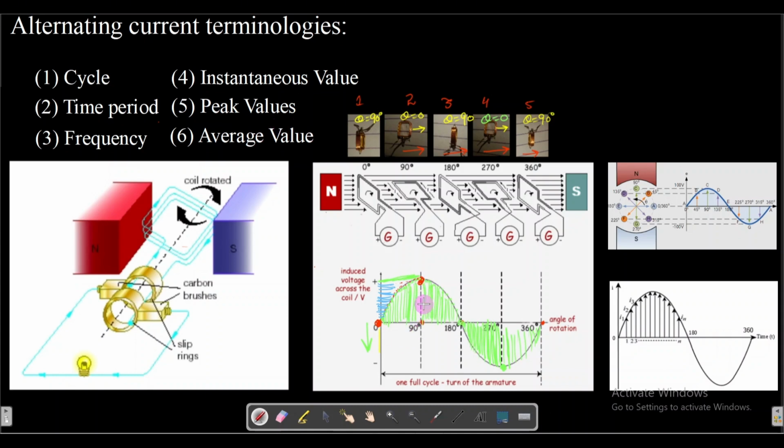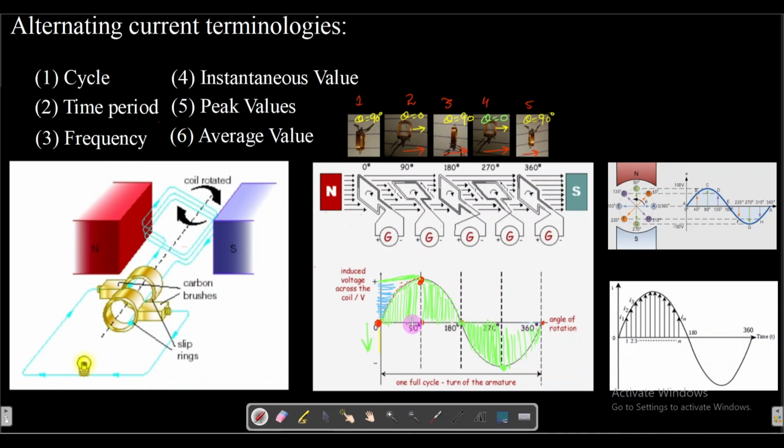For each degree, there will be some induced EMF. So if we increase the degree here, that induced EMF will increase, meaning that the magnitude of this line from this original equilibrium position will be increasing.